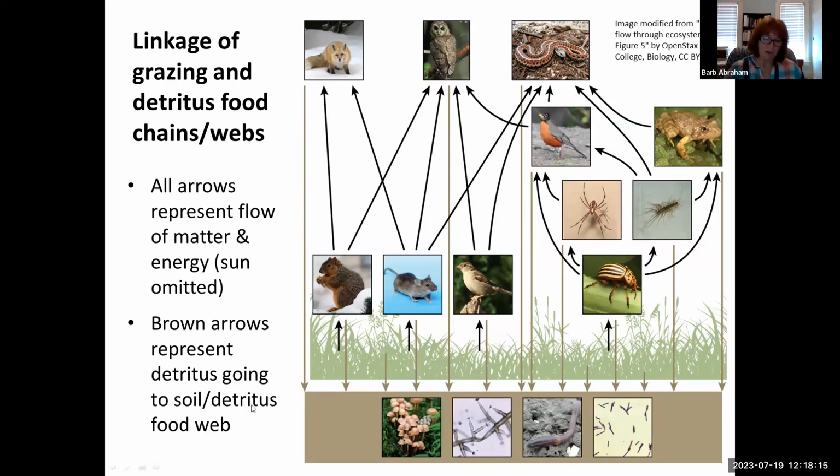So this is called a detritus food web, and you see that what's coming into the food web is all dead. So the detritus is the basis rather than the green plants, which are the basis of the grazing food web. And therefore, the detritus food web depends upon the grazing food web, because it's all of these organisms that form the detritus that run the soil food web. So the detritus food web is in the soil and at the soil surface.